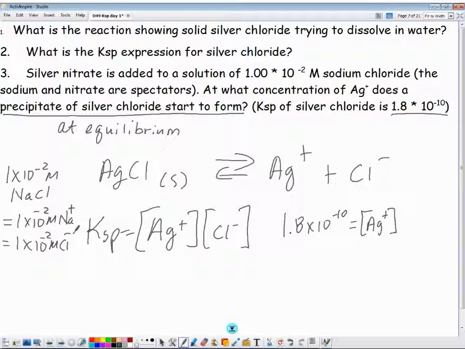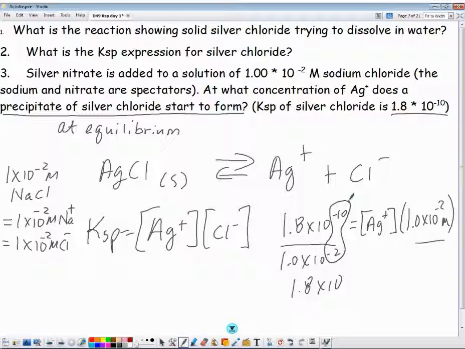Therefore, I go over here and plug in 1.0 times 10 to the minus 2 molar. I don't need a calculator. What's 1.8 divided by 1? 1.8. What is 10 to the negative 10 minus a negative 2? Negative 8. Voila. I have found my silver ion concentration.